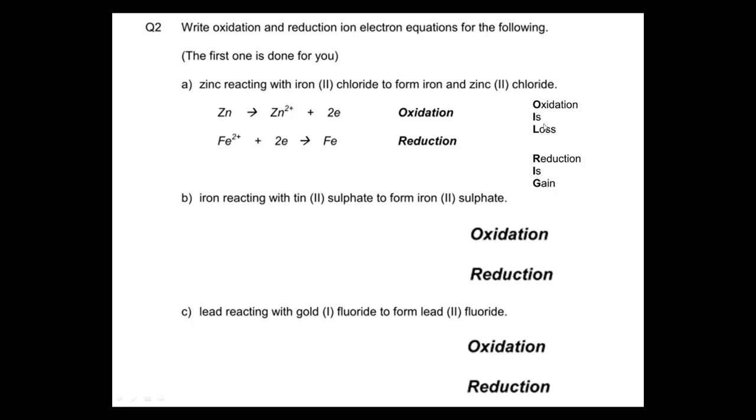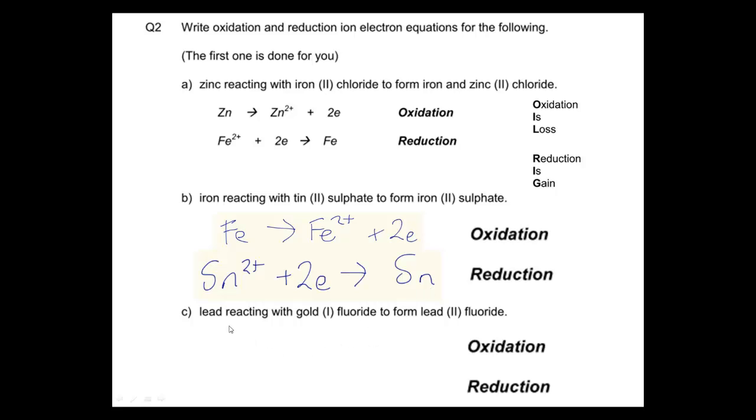Remember, oxidation is loss, reduction is gain. Iron goes to Fe 2+ plus 2 electrons. This is the oxidation. The reduction will be Sn 2+ plus 2 electrons goes to tin.